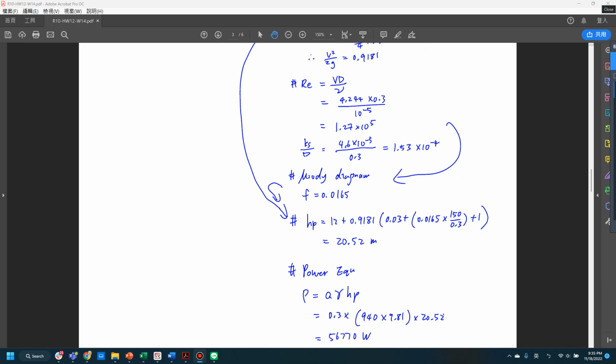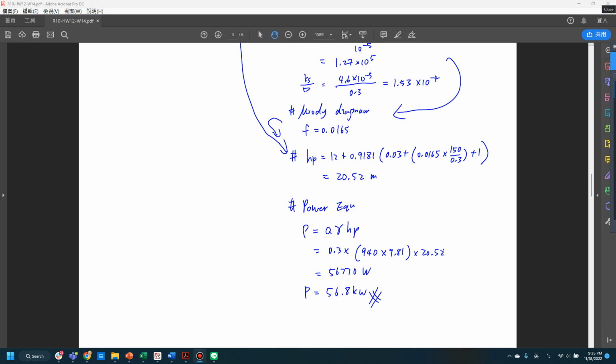After you solve for the pump head, you can apply the power equation. Simple enough: Q times gamma times the pump head. All that information you already know. The flow rate is equal to 0.3, and gamma is 940 times 9.81, and the pump head, we just solved it, is 20.52.